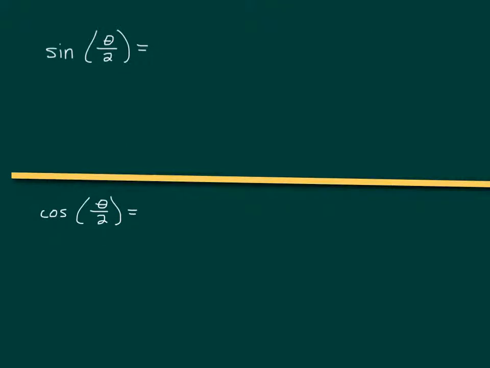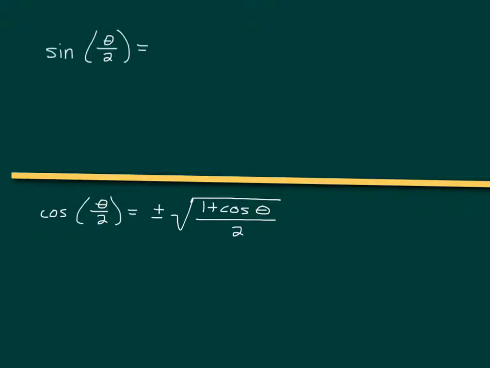So on this page, we can write it now. We say this is plus or minus the square root of 1 plus cosine theta all over 2. We had alpha on the last page, but now we're using theta. It's a variable, so it doesn't matter if you change it.